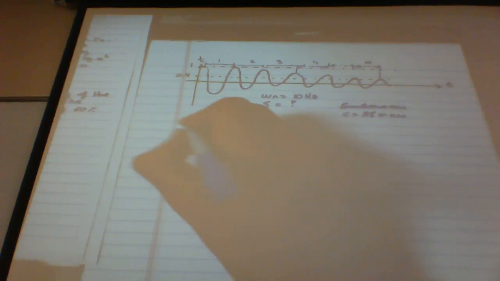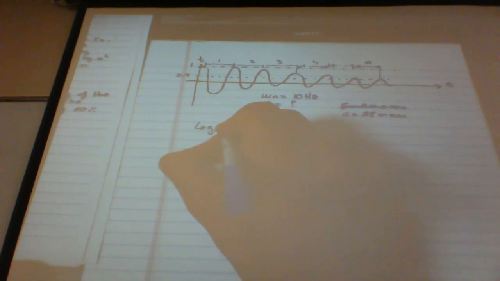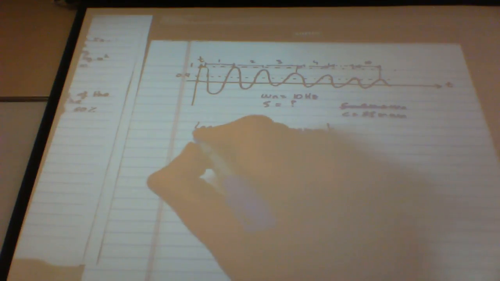So then you need to use the logarithmic decrement equation, which was what? I don't have my class notes, but what was it?